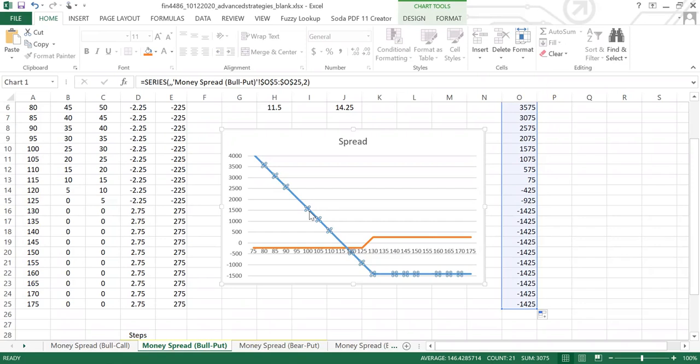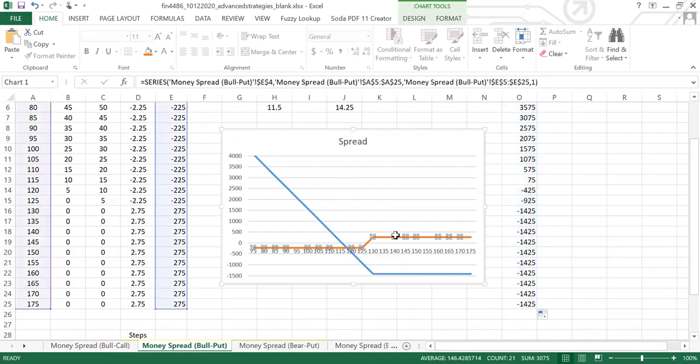So for the put option that still holds, but your portfolio is a bull spread, so you're gaining money if the stock moves up, and you're losing money if the stock price moves down.